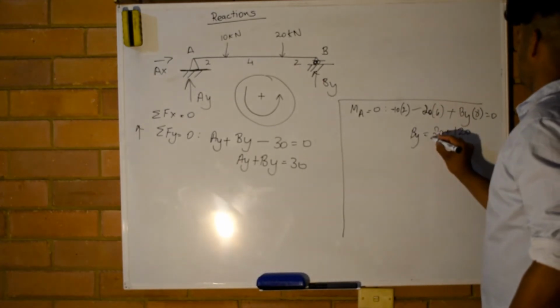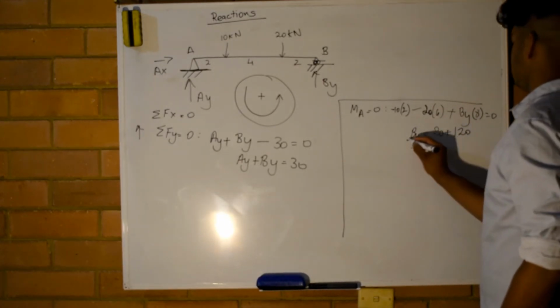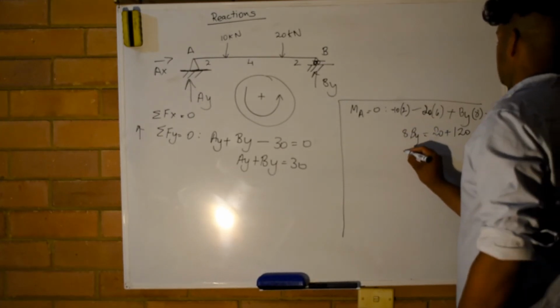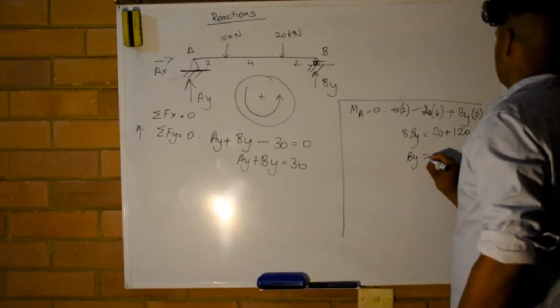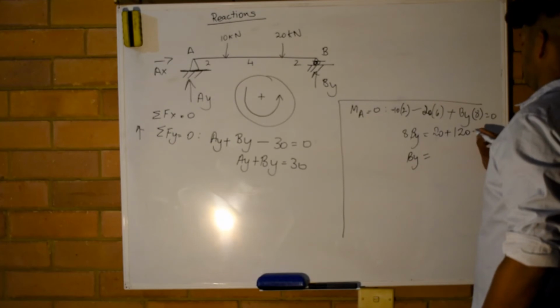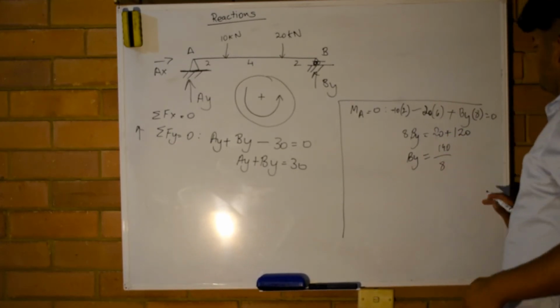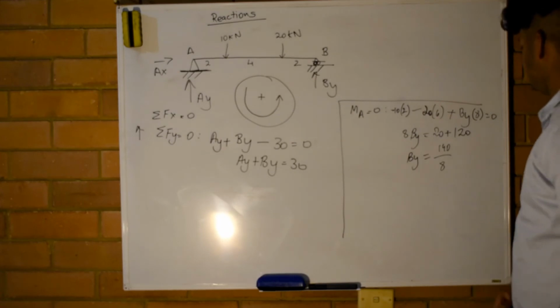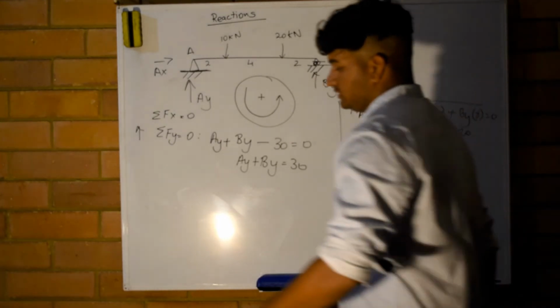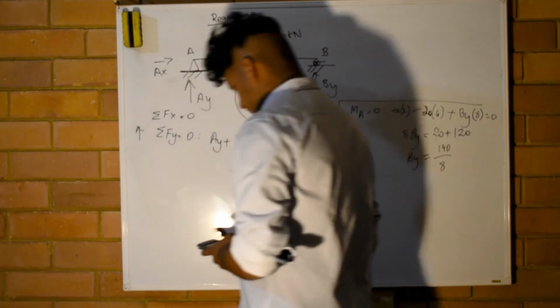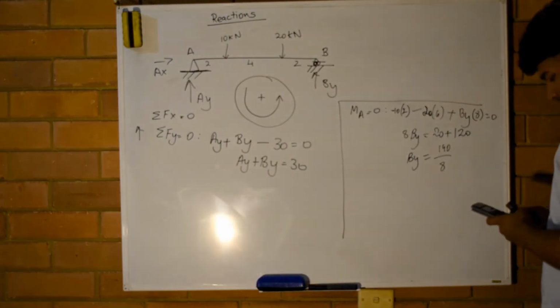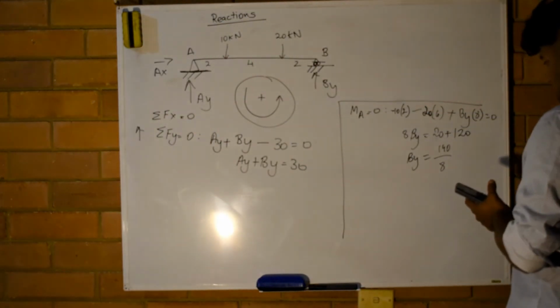Let's just write BY. So now the next part is BY equals, that is just equal to 140. So 140 divided by 8. Calculator. So now 140 divided by 8, that is 17.5.